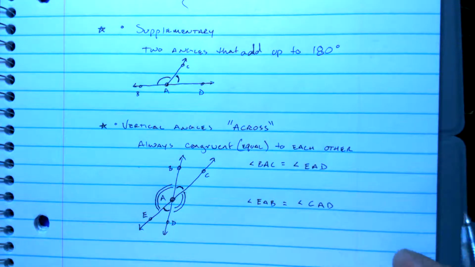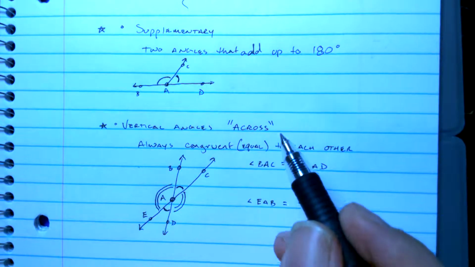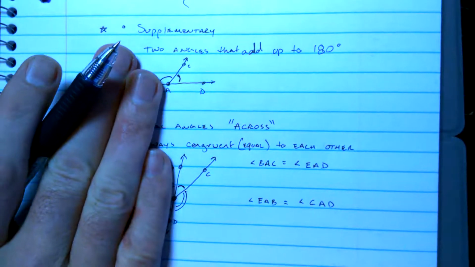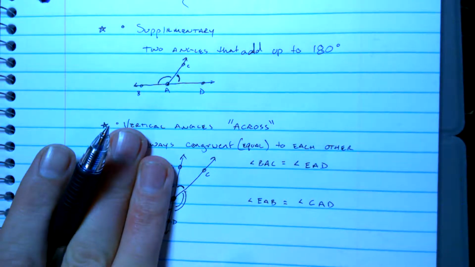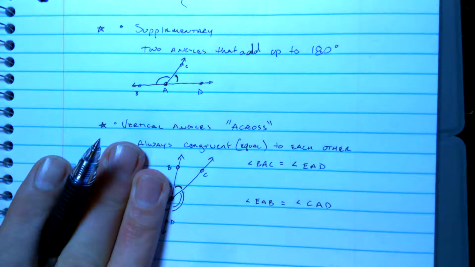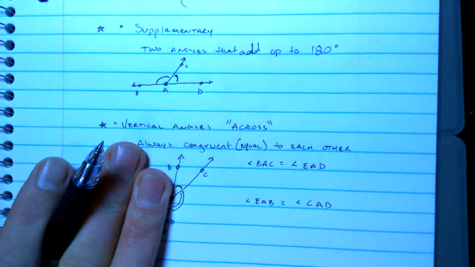You will also notice, if we were to cover up one of these sides, just like we had before, you'll notice that those two angles that are left, that's BAC and CAD, would form a supplementary pair. So lots of different things you can get out of vertical angles when they cross.